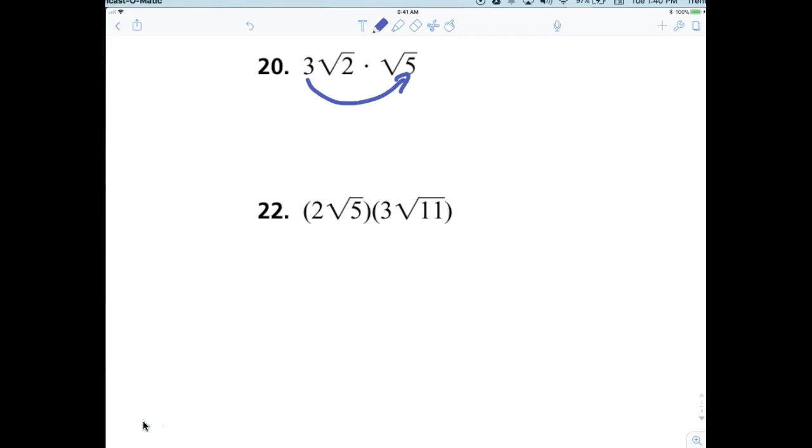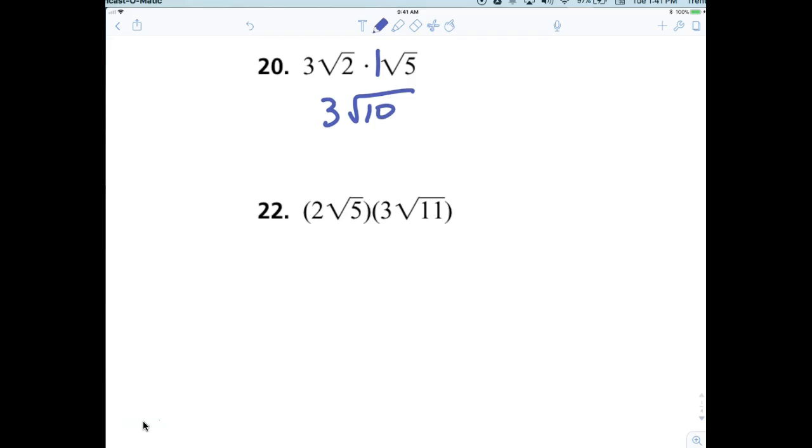All right, so your job is to always multiply rationals together and multiply irrationals together. So what do I mean by that? I mean, what number's in front of the 5? 1. All right, so in this case, it's just 3 times 1? 3. Square root of 2 times square root of 5. There you have it. It's really and truly that simple.